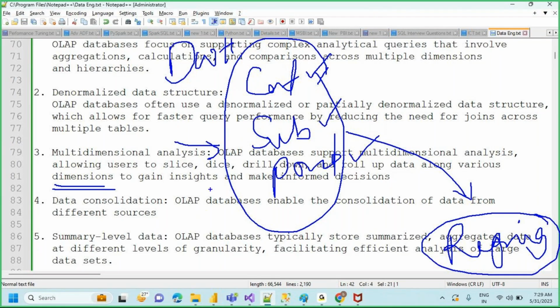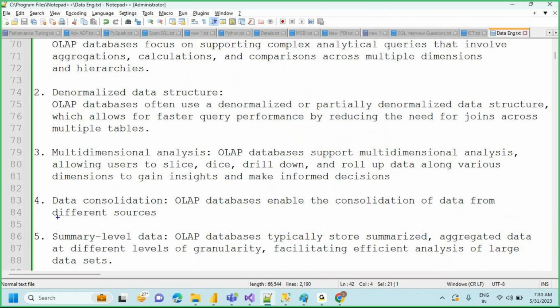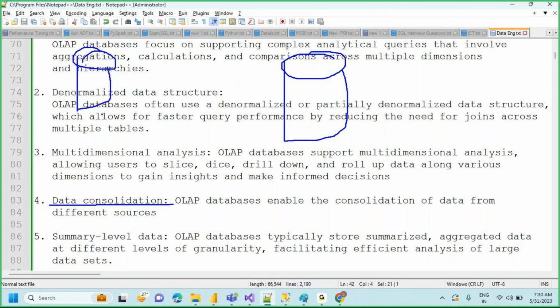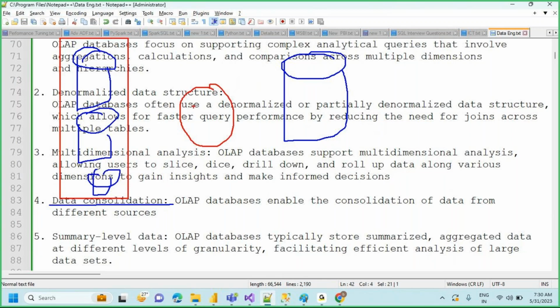And data consolidation. I mean to say, the OLAP system is going to have integrated data, but in the OLTP system, your business data may be distributed. We need to integrate it using ADF, or ETL tools, and extract the data from all these three different data sources.